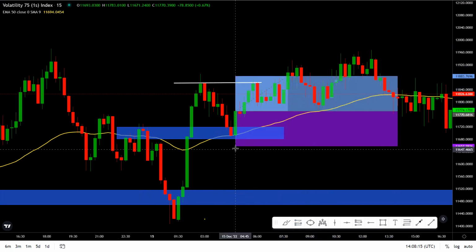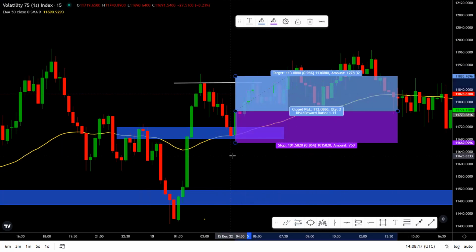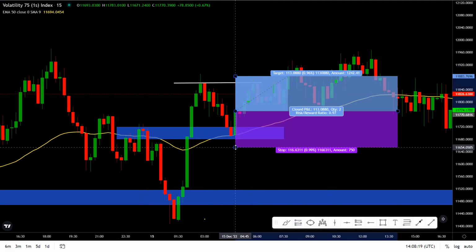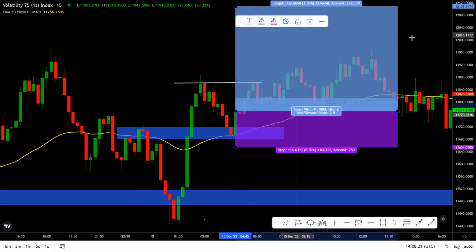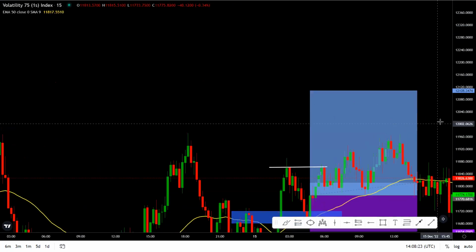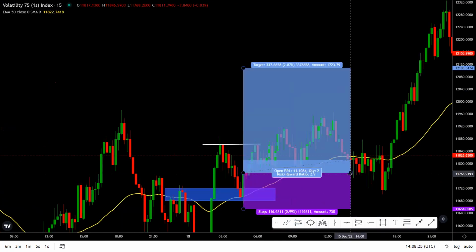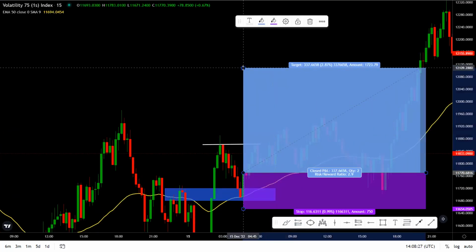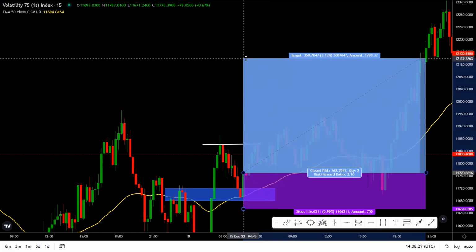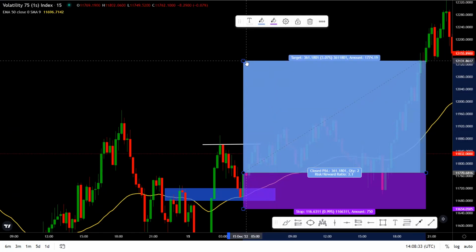Stop loss is just below the engulfing candlestick. And then my TP target was a 1 to 3 on this. A minimum of 1 to 2, and then a maximum of 1 to 3 RR.